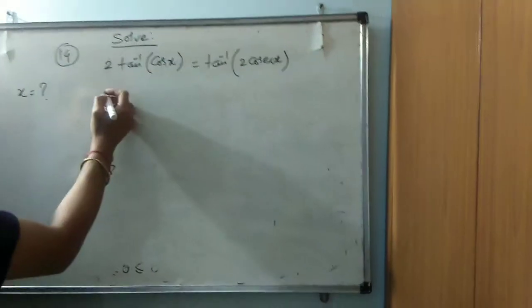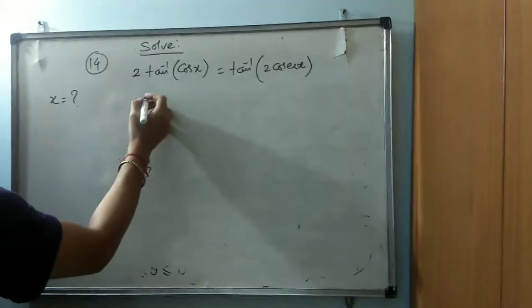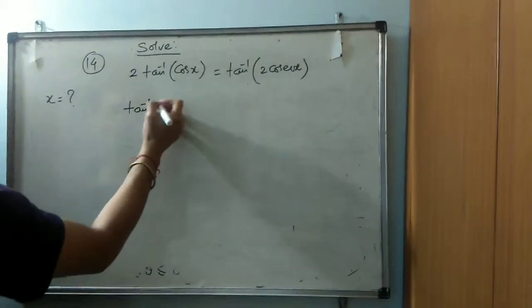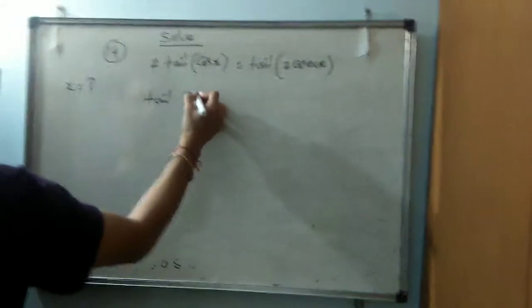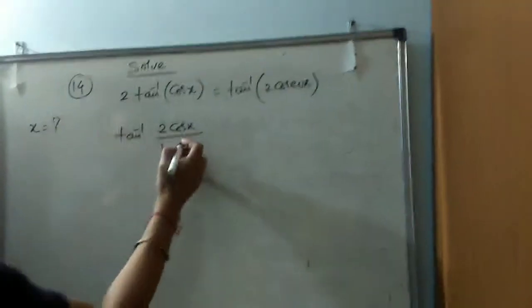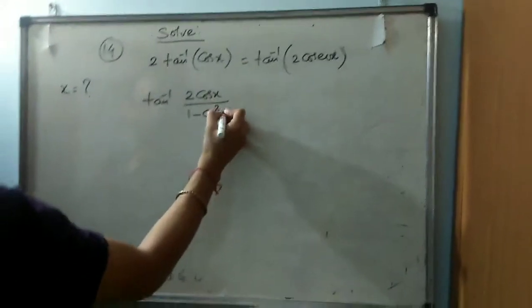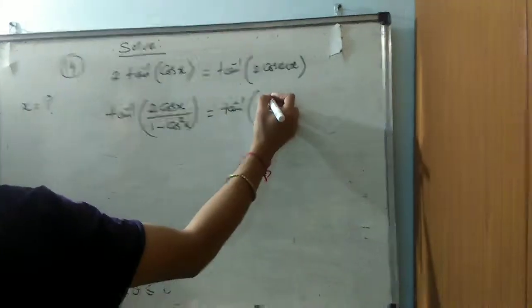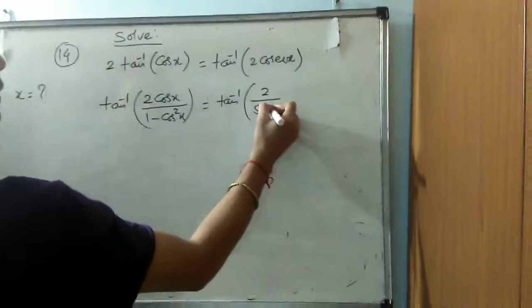To solve this, we'll apply the identity for 2 tan inverse x in the form of tan inverse, which is tan inverse 2x upon 1 minus x square. Right side can be written as 2 upon sin x.